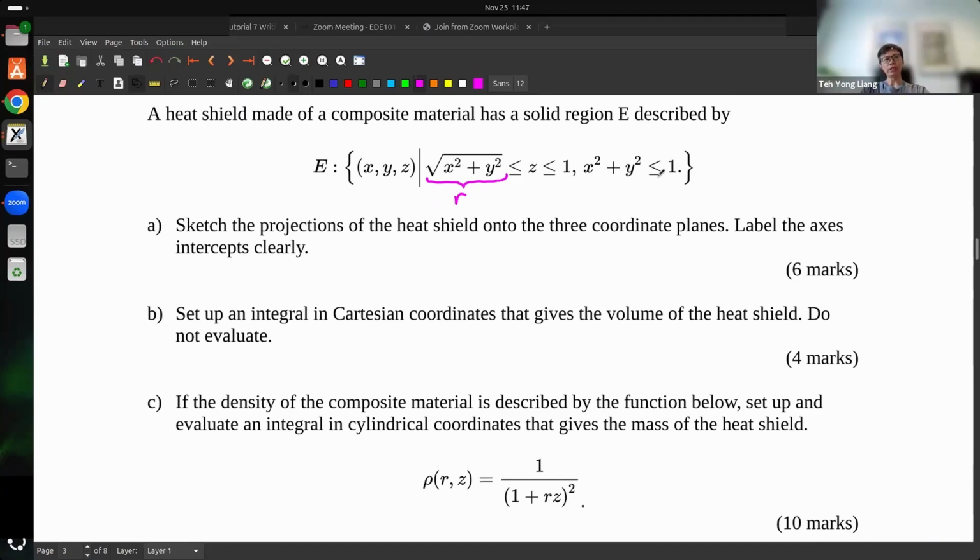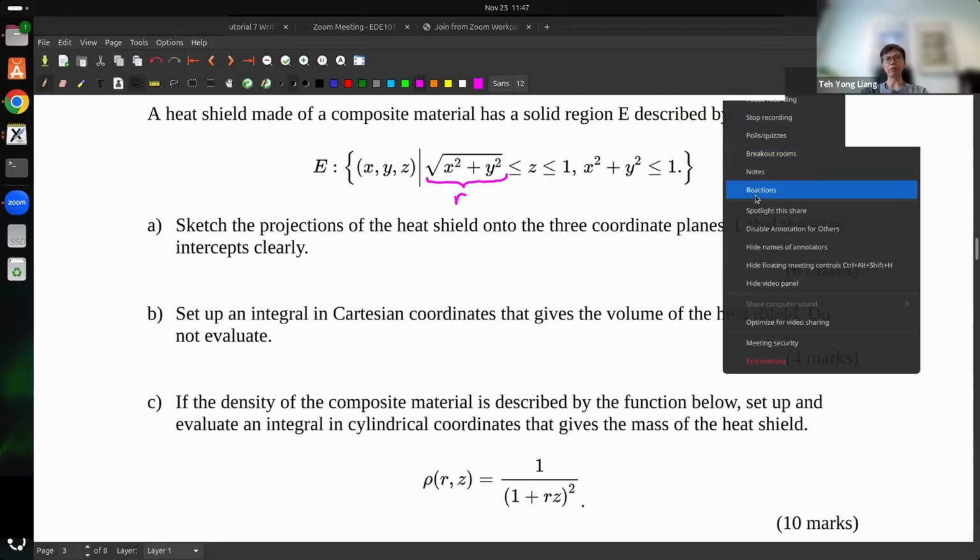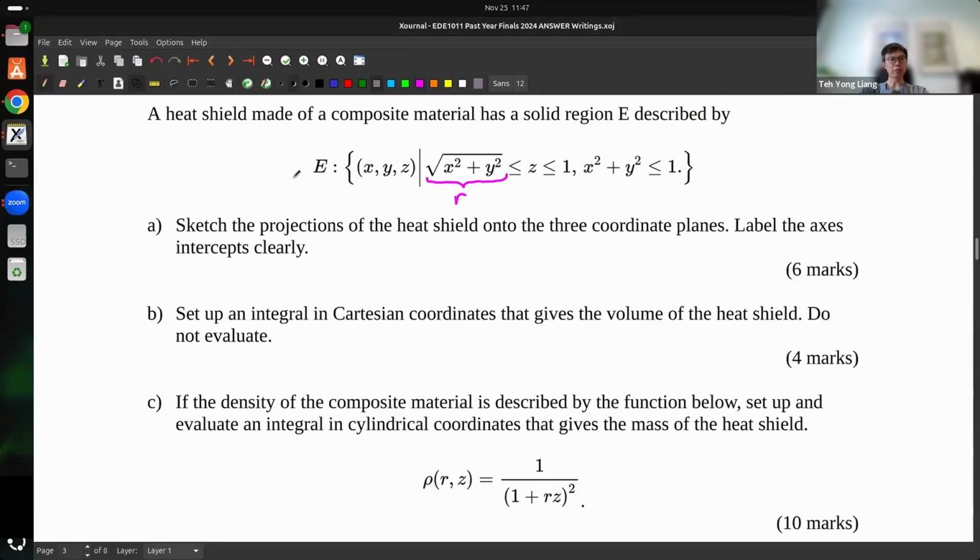So the solid region E here is given by the inequalities here. You must observe that z is bounded at the lower limit by the root of x squared plus y squared. We always try to draw the so-called bounds. Once you draw the bounds, you will be able to visualize the solid.